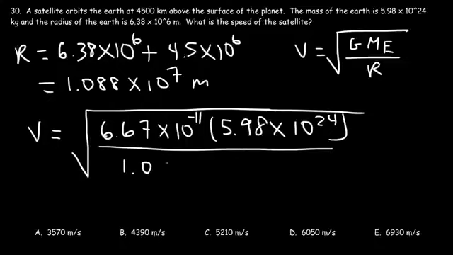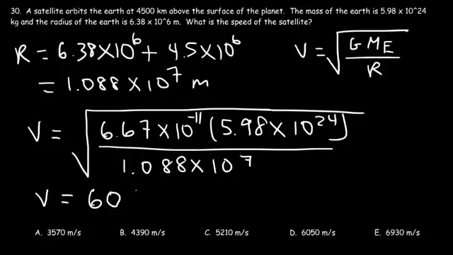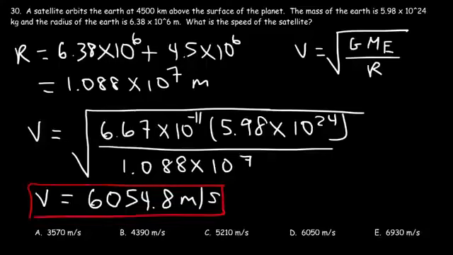And r is 1.088 times 10 to the 7. So go ahead and plug in these numbers. So the speed of the satellite is 6,054.8 meters per second. So this corresponds to answer choice D.